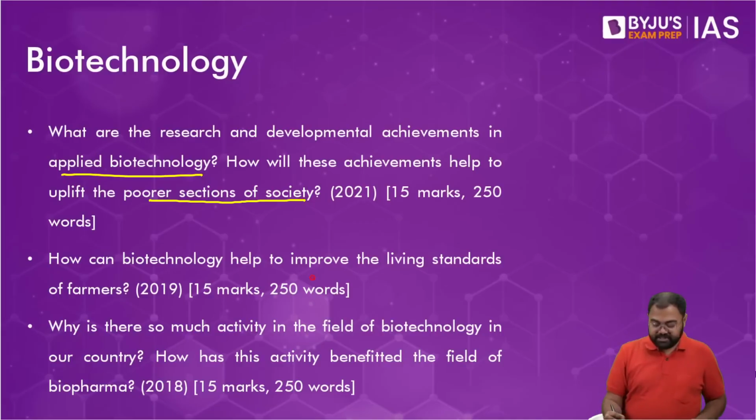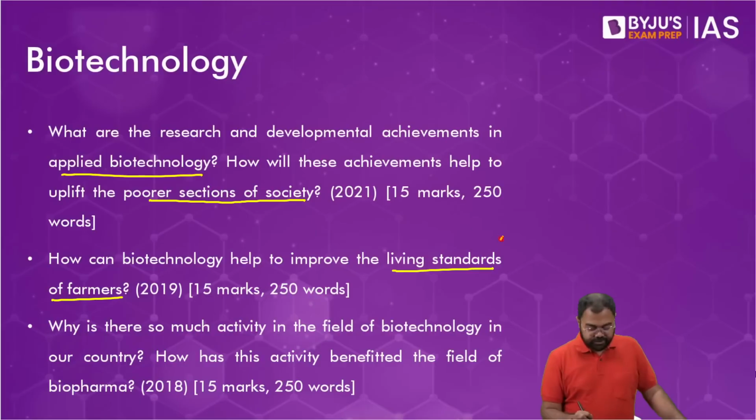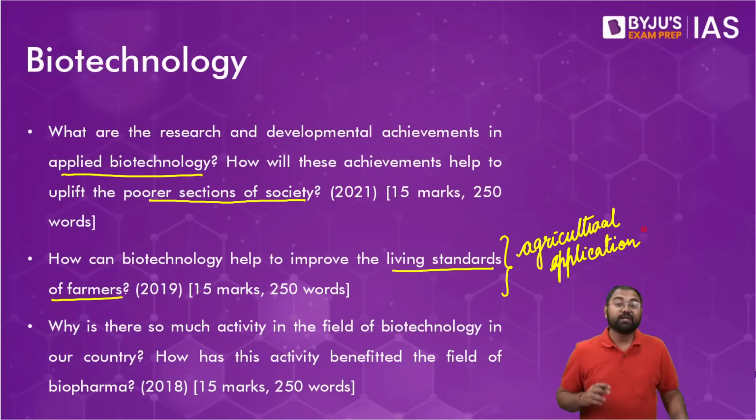How can biotechnology help to improve the living standards of farmers? This question is nothing but about all these agricultural applications that we discussed in the class, right? That basically is what you have to write. Just that you'll have to mend your words, you'll have to fit to what the question has asked.